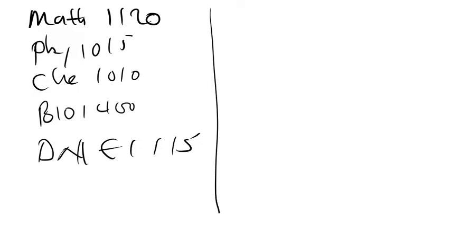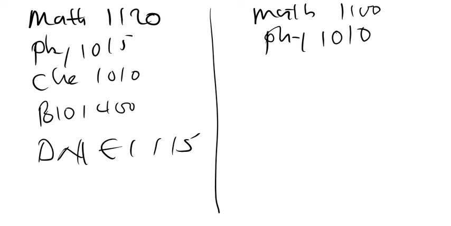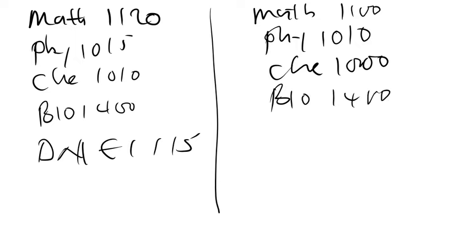The rest of the programs, you are going to have math, that is engineering education 1100, you have physics 1010, you have chemistry 1000, you have bio, so bio is the same 1400. That's all.